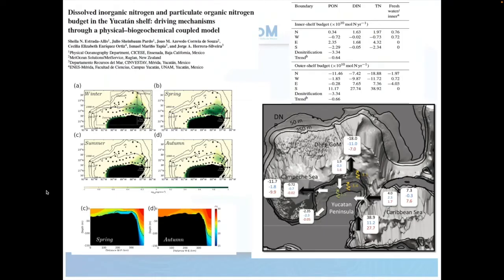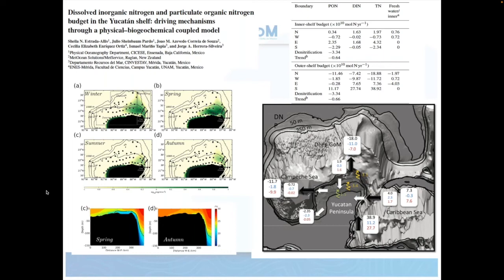And changing the subject, this is something that we did with this Nemo-Pisces model. We use the ROMS model now to analyze another very interesting problem in the Gulf of Mexico, which is the upwelling system in the Yucatan shelf. The panels on the left show the chlorophyll signal at different seasons, in the model, and you see that during winter and spring there is a seasonal signal.